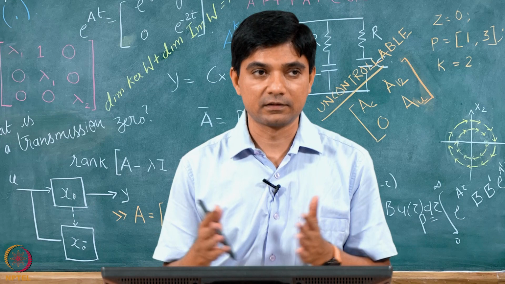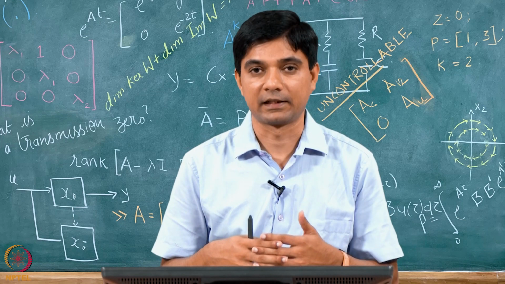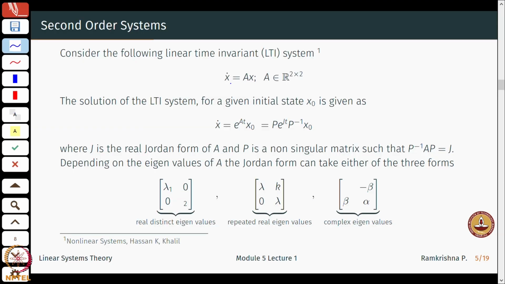So, let me make things simple here and say I am just dealing with a second order linear system, which means x dot is Ax, A is in R 2 cross 2, x is a 2-dimensional vector. For any given initial state x0, the solution will always take this form, and now we know how to compute e power At.